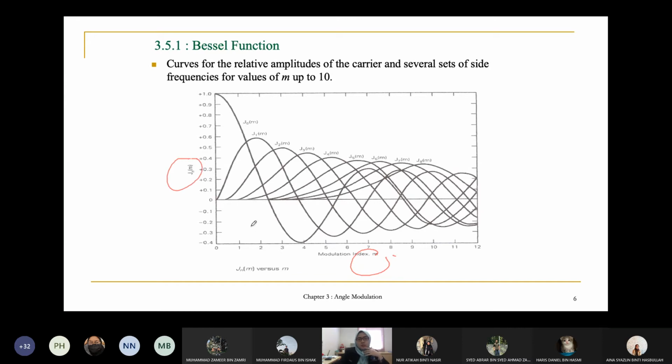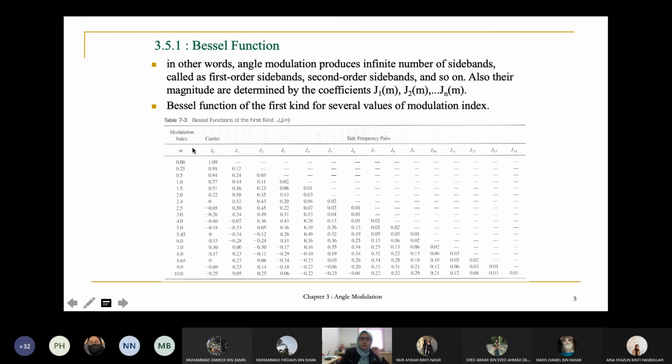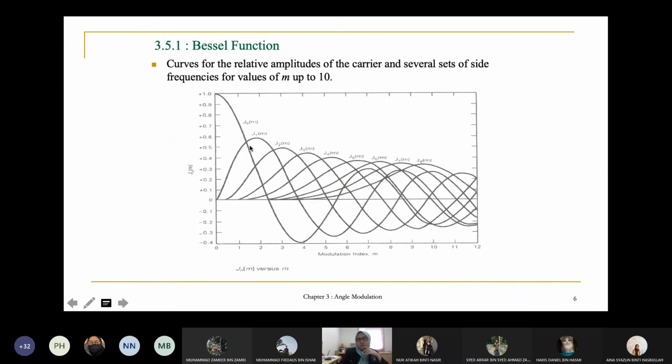If your modulation index equals 1, you need to use your ruler, draw a line here, and then see what the values are for J0, J1 and J2. But the table is more accurate, because the value is directly given. For the curve you need to estimate the value.